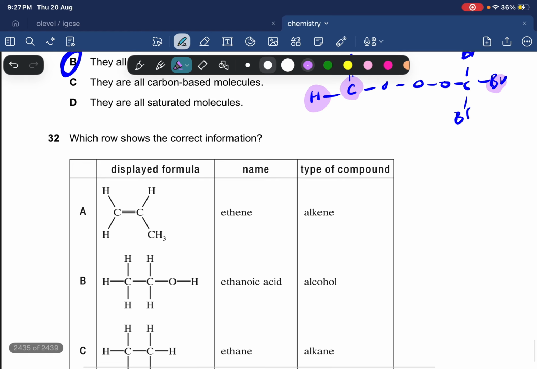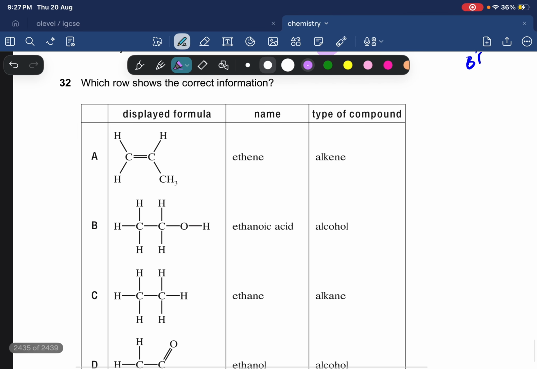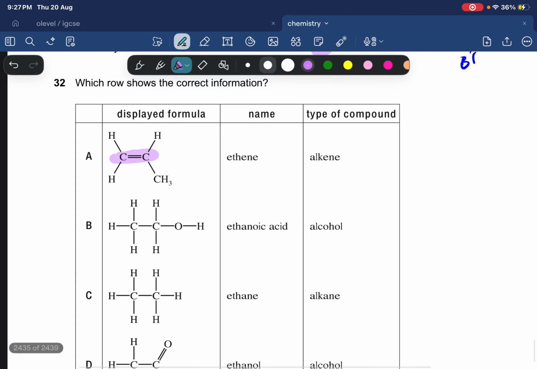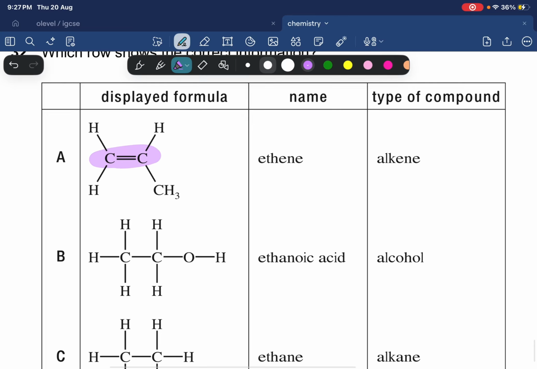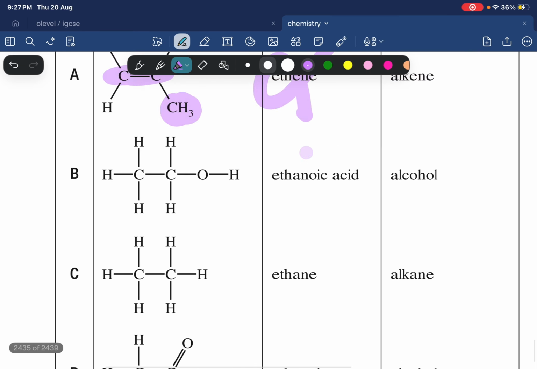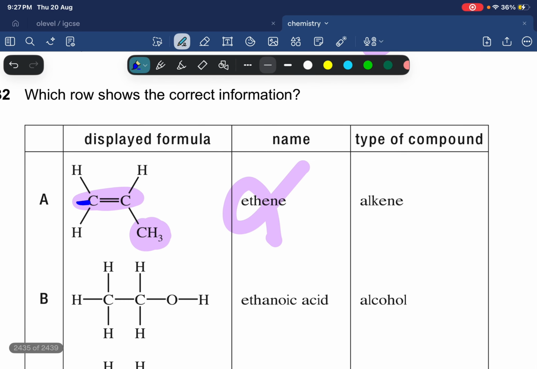Which row shows the correct information? So the displayed formula is for an alkene, yeah, that's ethene. But you need to realize this CH3 over here, so that does not become ethene, that becomes propene, because the straight chain is going to be like this. There's just a little bend to it that makes you think it's ethene, but it's actually propene.